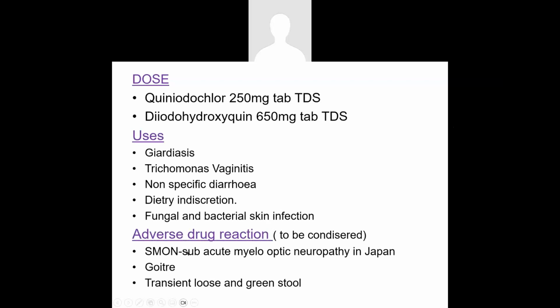The adverse effects include subacute myelo-optic neuropathy, goiter, and transient loose and green stool. Because of these side effects, it is not preferred to be used nowadays.